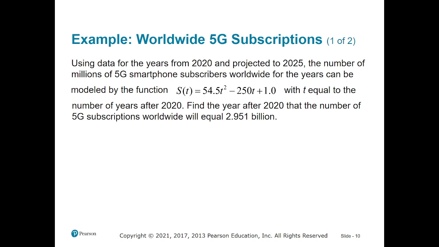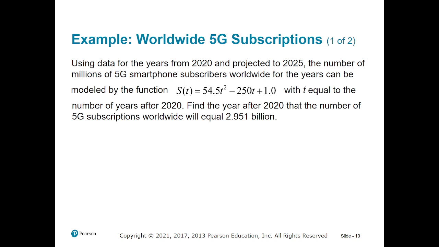Okay, what are we asked to do? We want to find the year after 2020 that the number of 5G subscriptions worldwide is equal to 2.951 billion. Okay. Well, first thing we should note, what is the output of our function? Our function outputs a number that represents the number of millions of smartphone subscribers.